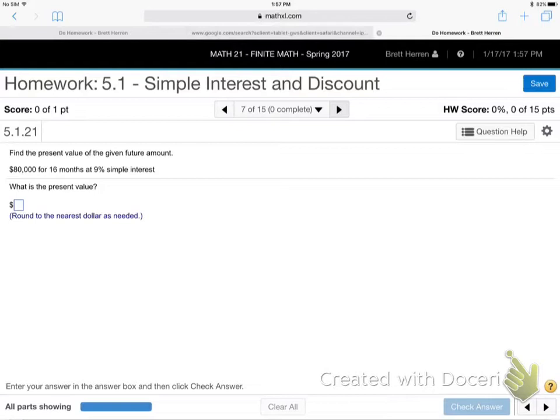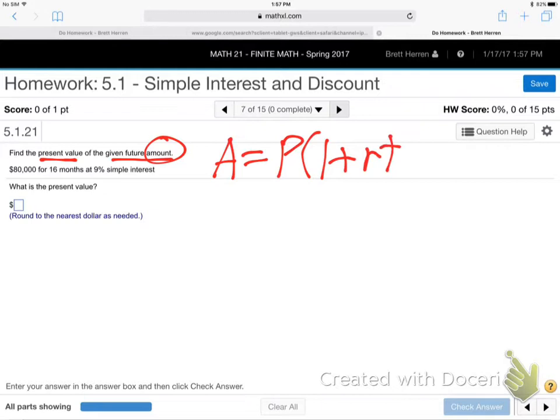So, present value given future amount. So, when they say that, future amount, they want me to use the A formula, huh? So I'm going to use that formula. They're not just talking about interest. Future amount means interest and principal together, huh? You good with that? That makes sense?